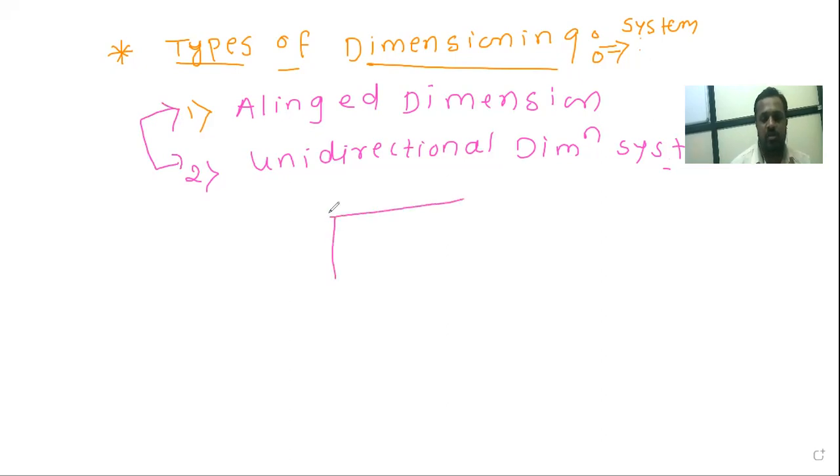Suppose I have drawn here one square like this, and here we have to do the dimensions. At this corner we have to do the dimension. At this we have to do the dimension. Okay, like this. Suppose we have to give the dimension. To give the dimension to this drawing, we have to use any one dimension system out of the two.